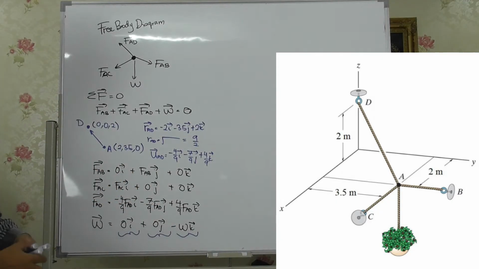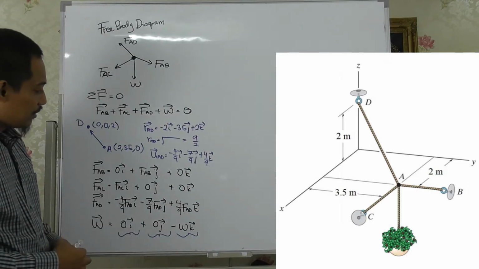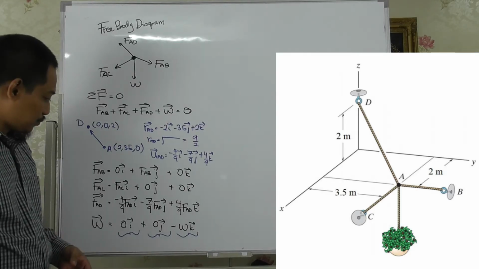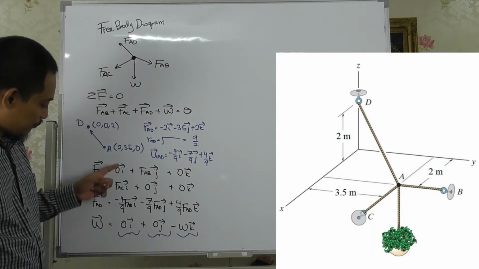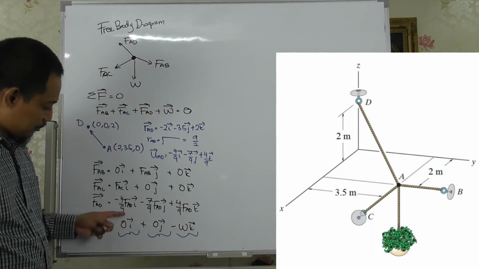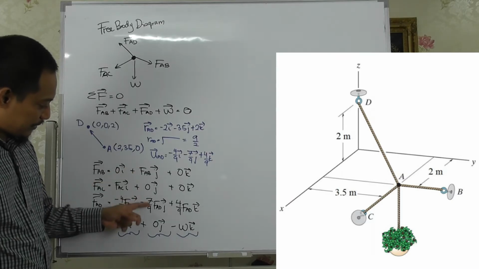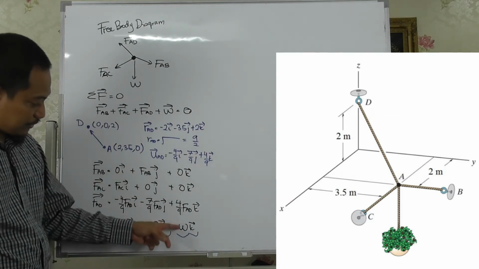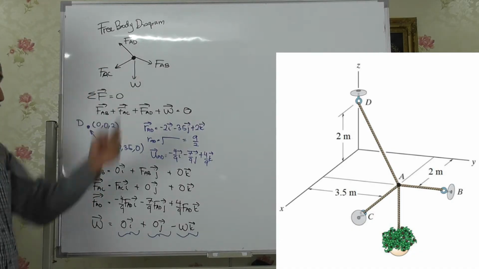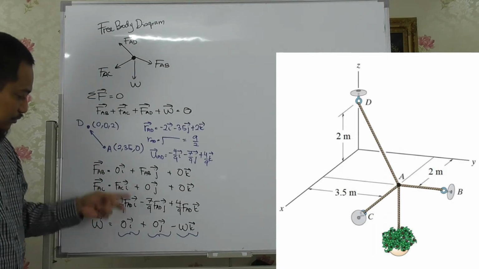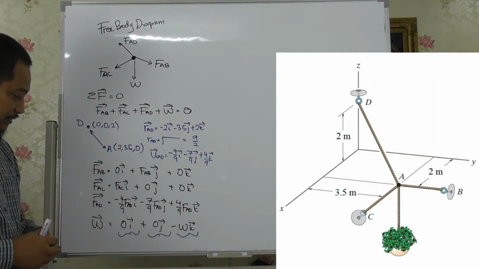Alright, so with that, what we need to determine is which one is bigger and which one is smaller, right? For the summation of Fx, you can compare these two. For the summation of Fy, you can compare these two. For the summation of Fz, you can compare these two, basically, right? But because we have the 3 forces, between these two comparisons we can already determine something, right?